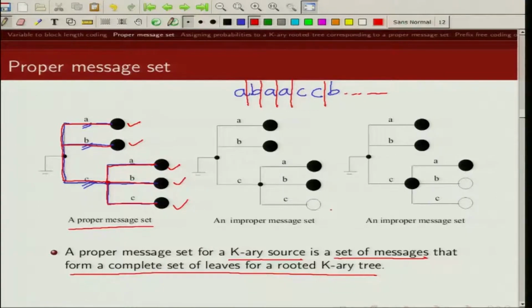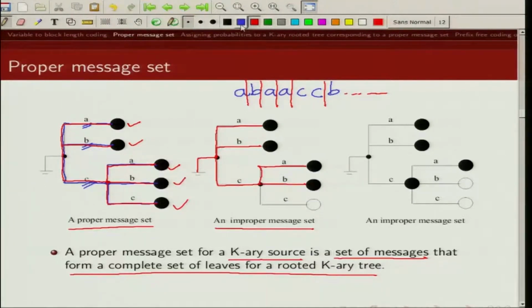Now look at this particular example, which I am calling an improper message set. Now if you look here, if I get an A, I am parsing the sequence. If I get a B, I am parsing a sequence. If I get a C, I look at what my next bit is. So I parse it at CA, CB.